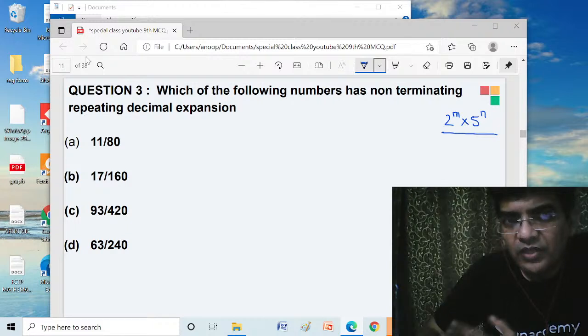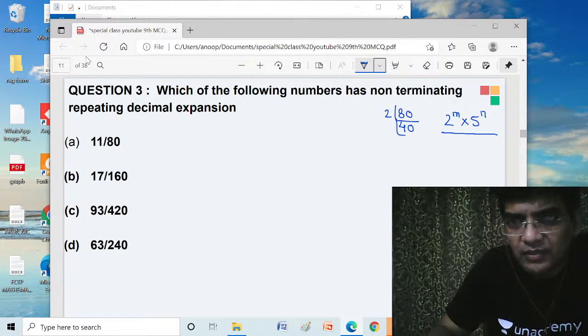So let's try the denominator of the first one. Denominator of the first one is 80. So let me solve it for 80. Divided by 2, it gives us 40. Then again by 2 it gives us 20. Again by 2 it gives us 10. Again by 2 it gives us 5. And then by 5.